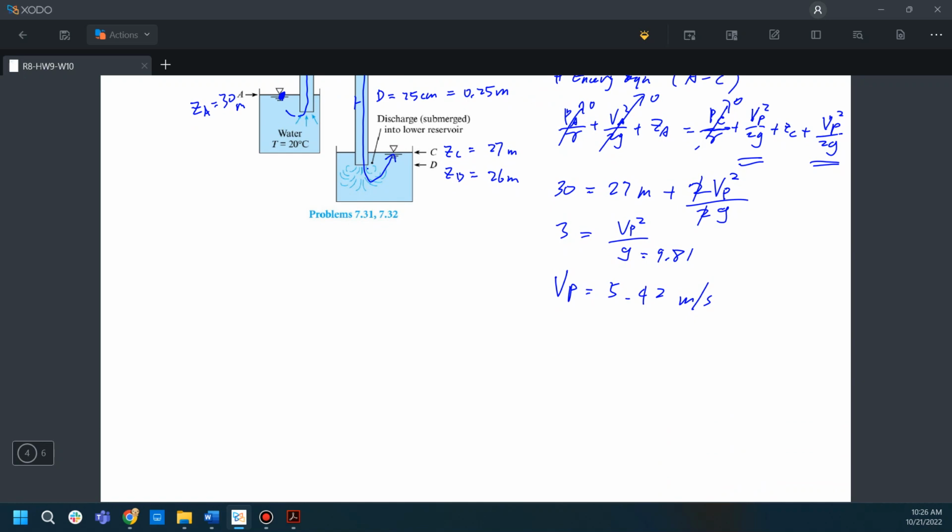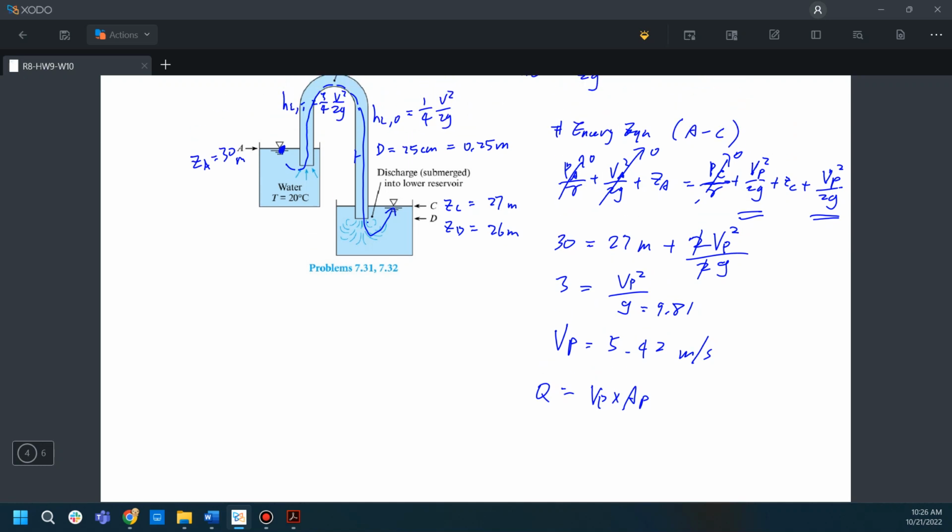And to find the discharge, apply the equation Q is equal to VP times AP, so at the pipe, okay? P stands for pipe.